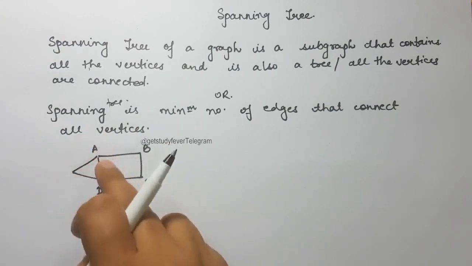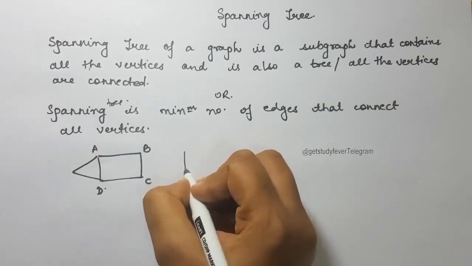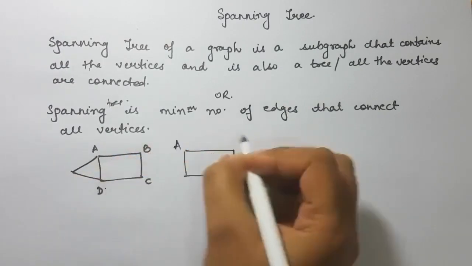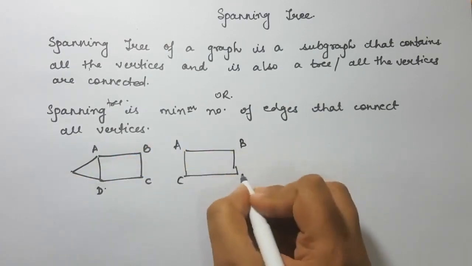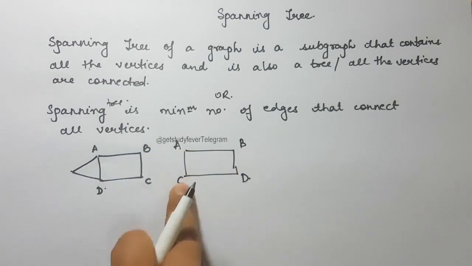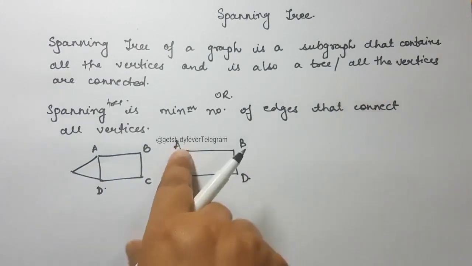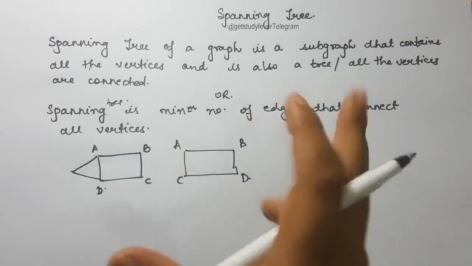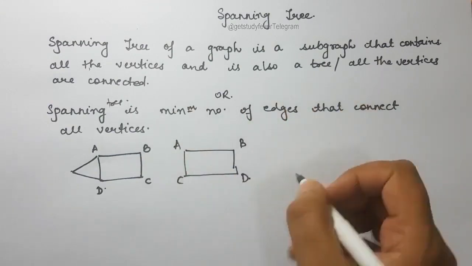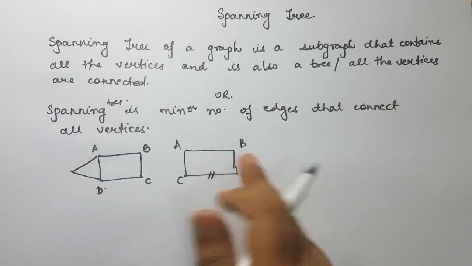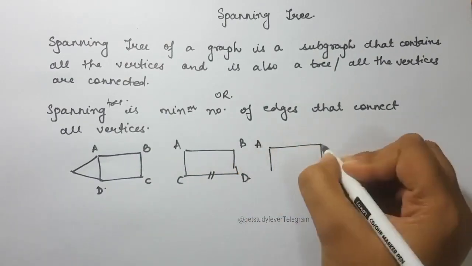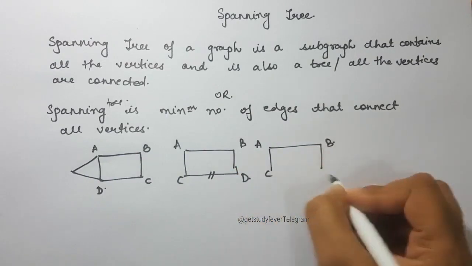So even if I remove these 2 edges, so let's say I remove these 2 edges. So are these vertices still connected? Yes, they are. You can reach A from any of these vertices. Can I reduce this even further? Yes, I can. So let's say I remove this particular edge, so I get my graph as this.